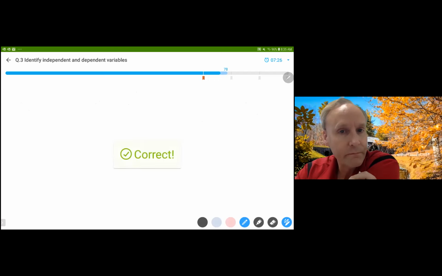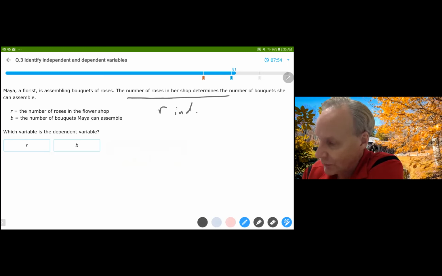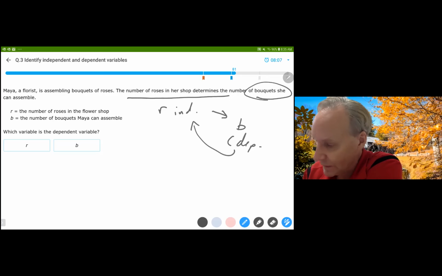Okay. The amount of money she earns depends. M is the dependent, and H is the number of hours she works. That's the independent. Again, time is independent. Money is generally dependent. Okay, the number of roses in her shop is the independent, and it determines the number of bouquets she can assemble, which depends on how many roses you have available.